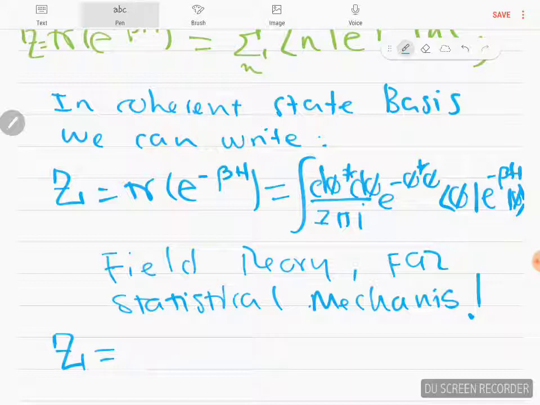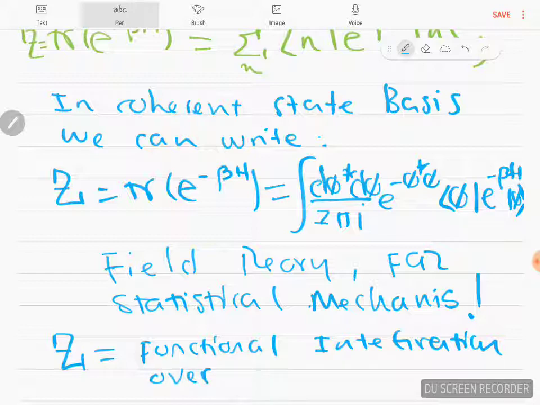as something. I will not tell you just yet what, but we calculate something that just requires functional integration over classical fields.